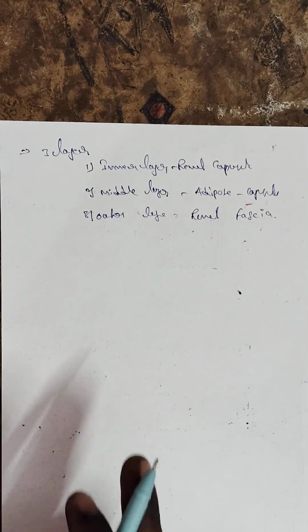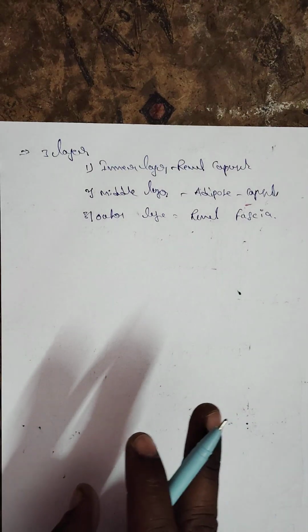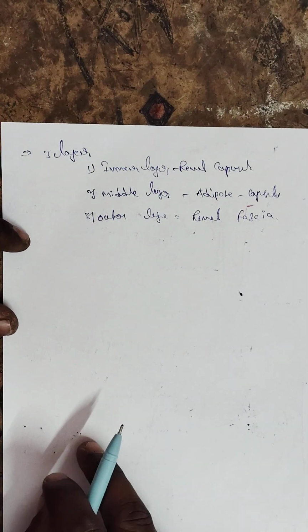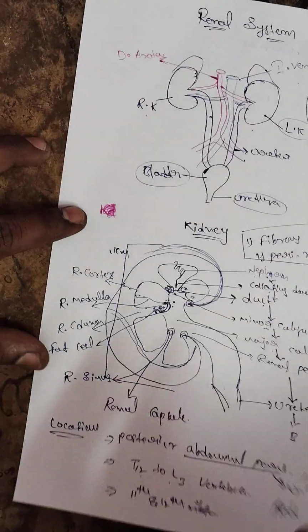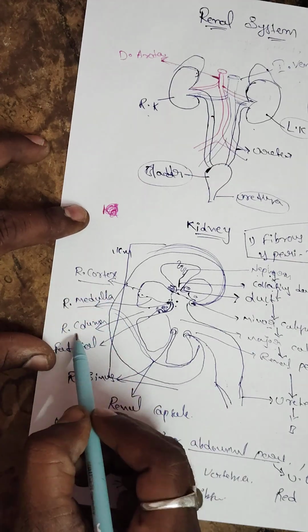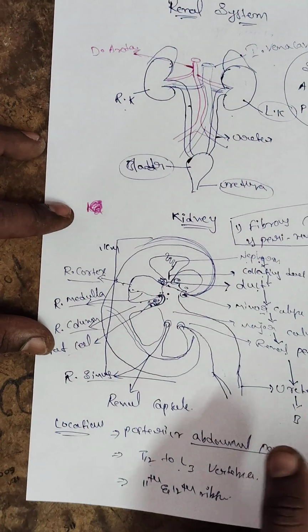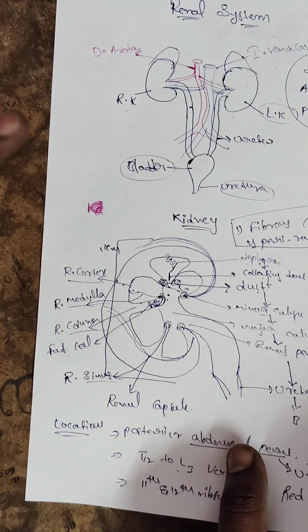These 3 layers protect the kidneys from external sources. And then the gross structure of the kidney. The internal parts are the cortex, medulla, columns, fat cells and sinus, and these are the internal structures. Mainly 3 areas are discussed.